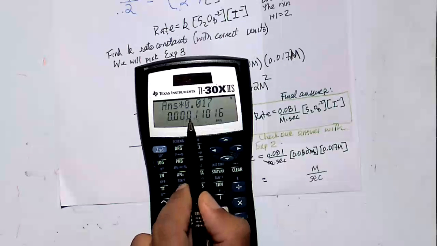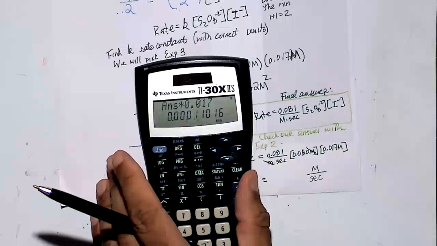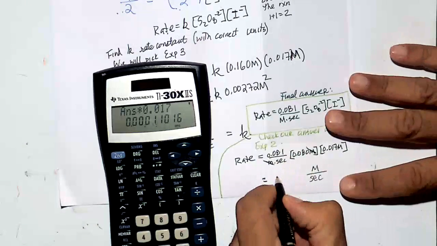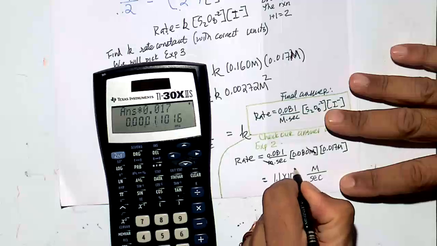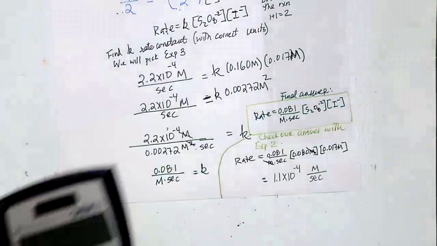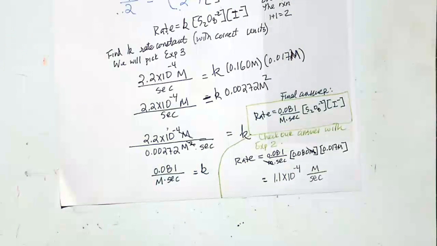What's that? 1.1234 times 10 to the minus 4. Did you get that?